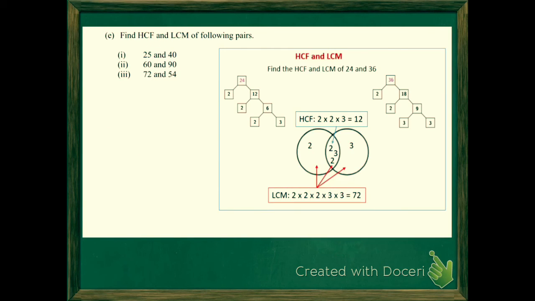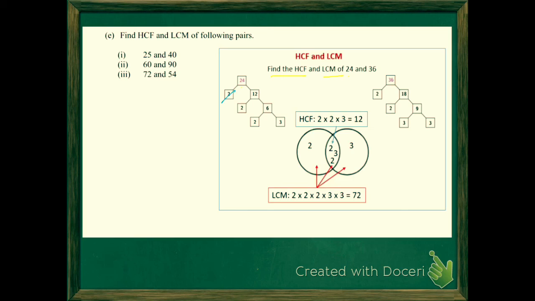Here there's also this way of representing HCF and LCM. You can see, find HCF and LCM of 24 and 36. The way they followed, factorize 24 with prime factorization, and 36. For highest common factor, as I just discussed with you, you just need to take the common numbers.